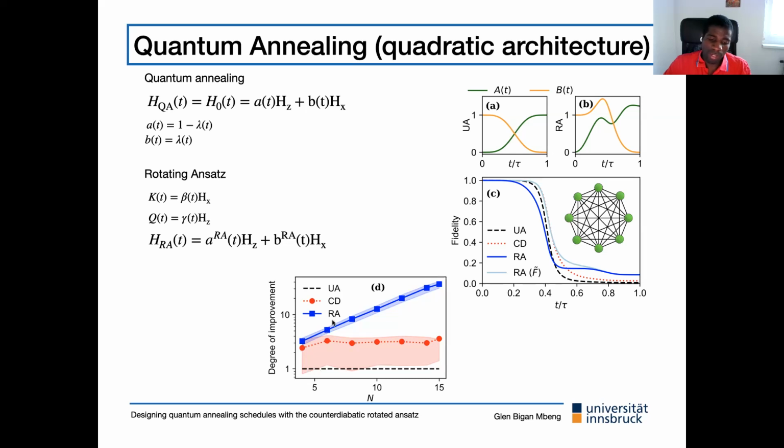While the new approach shows not only an improvement, but also an improvement that seems to scale with the system size. Let me just mention that this improvement is just the ratio between the fidelity of the driving we are considering and the unassisted driving. So it will be 1 for the unassisted driving.